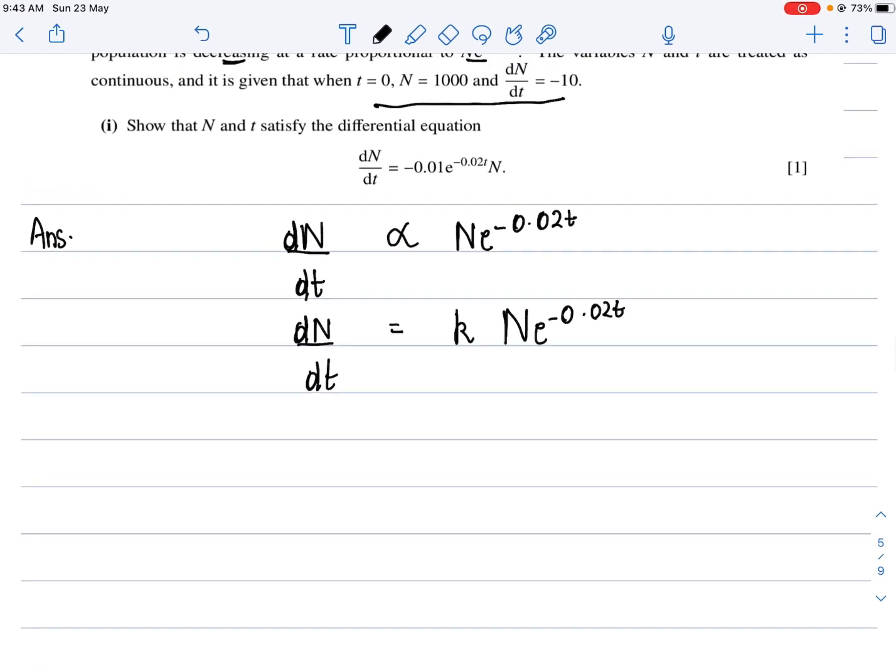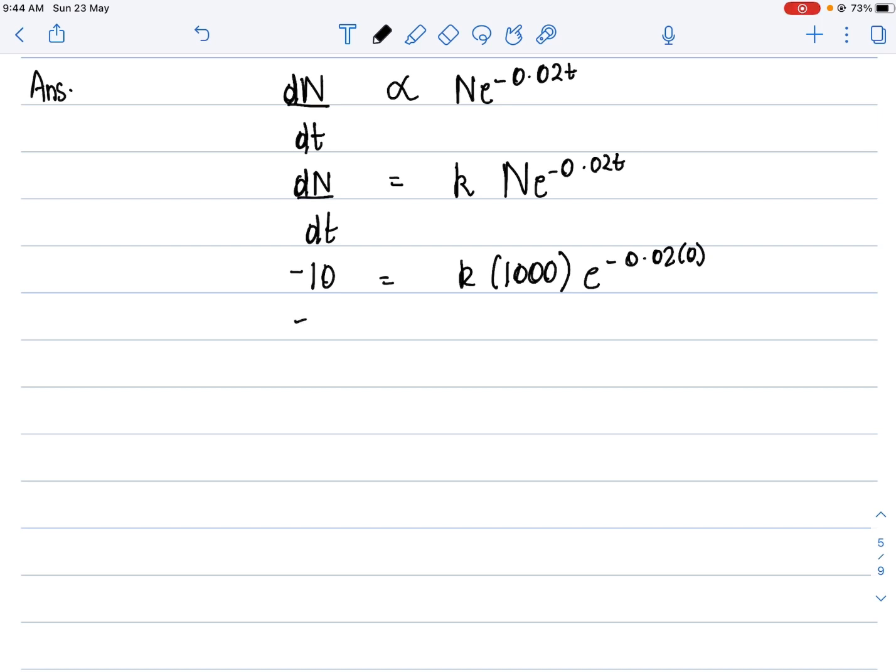Now I have this piece of information with me. In dN/dt, I can put minus 10 equals k into 1000 into e raised to minus 0.02 into 0. So I can write this as minus 10 equals 1000k, and e raised to 0 is 1.